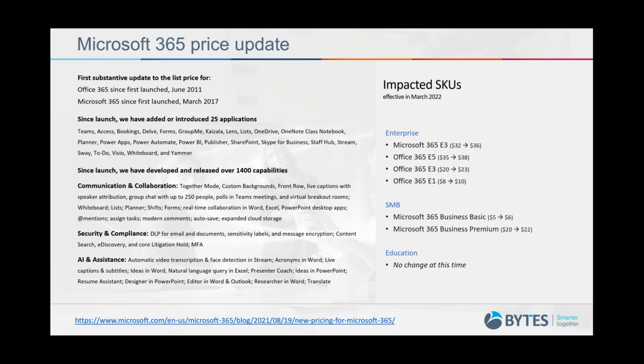This was announced by Microsoft back in August. Link on the screen there if you want to refer back to the blog that Microsoft posted this on. So if you've got customers buying any of these 6 SKUs, you should try and lock in pricing before the 1st of March. Otherwise, your customers will be affected by those increases.